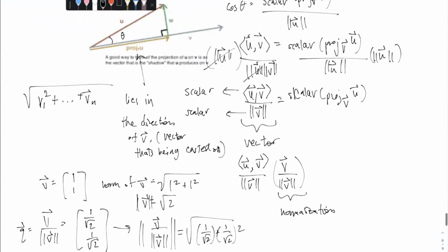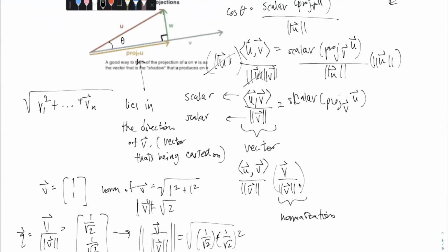So the intuition behind why we multiply by the normalized vector of v, which is the vector that it's being casted on, is that since we have this scalar, we want the projection of u onto v to lie in the direction of v. So this vector here will be in the direction of v.